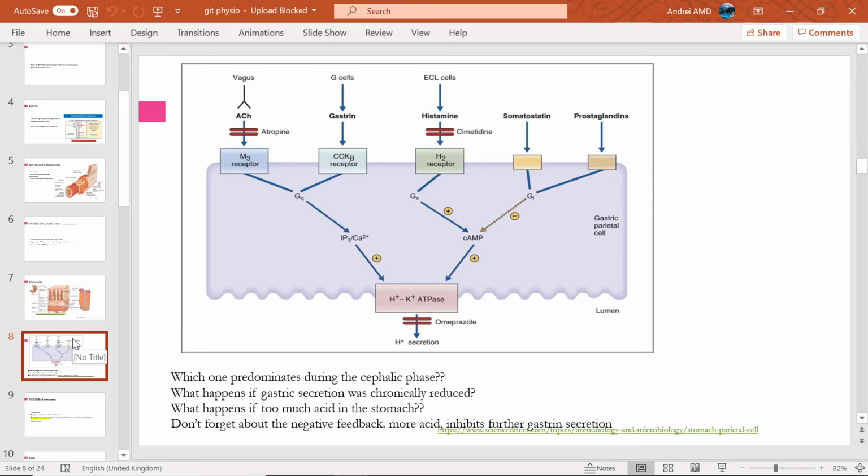Also I forgot to mention, the stomach doesn't only release hydrogen all the time. If it's very acidic, it's gonna even melt itself, and you don't want that. You wanna protect your own mucosa while secreting the H plus.